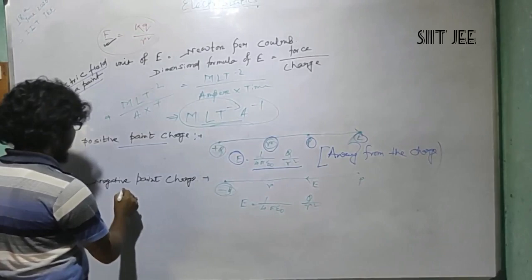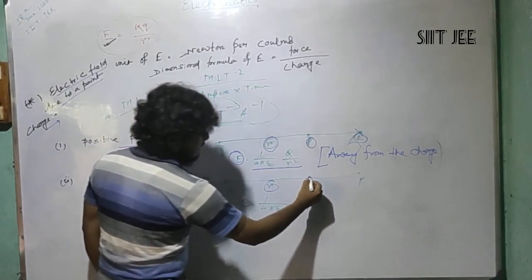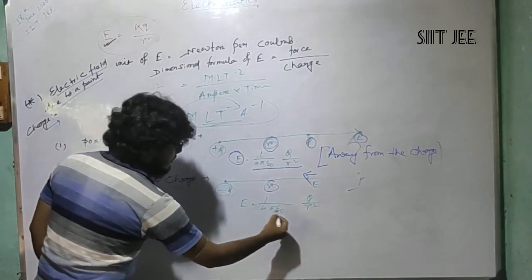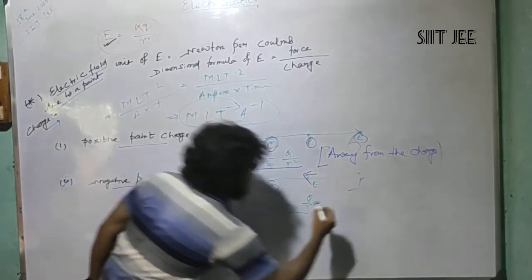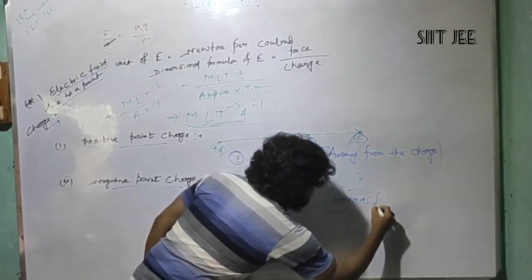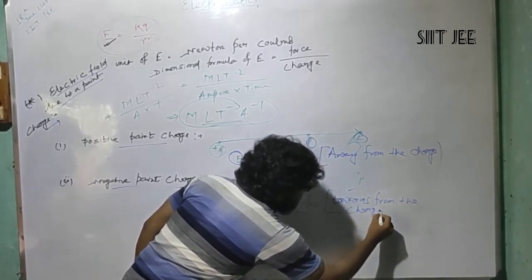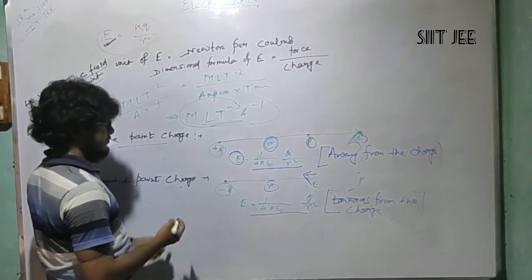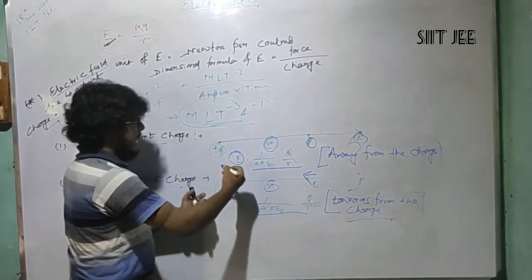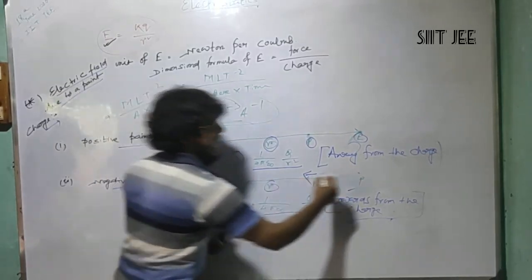Next, for a negative point charge minus q at radius r and point P, E is equal to 1 by 4 pi epsilon 0 into q by r square, directed towards the charge. The direction is opposite for the negative charge, and the same direction away from the charge for the positive charge.